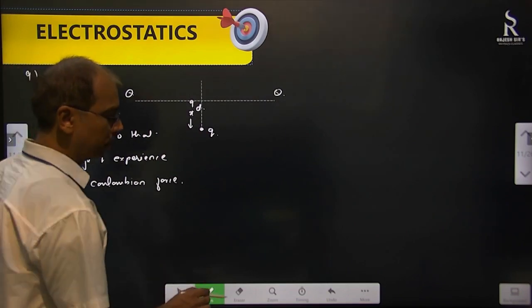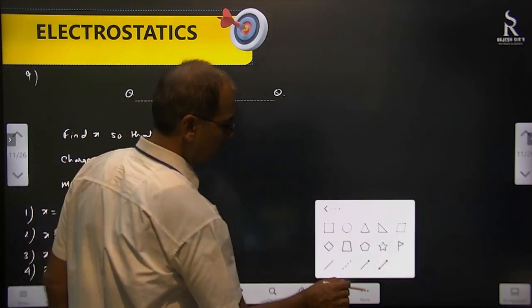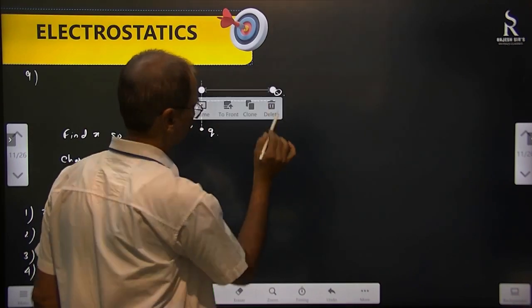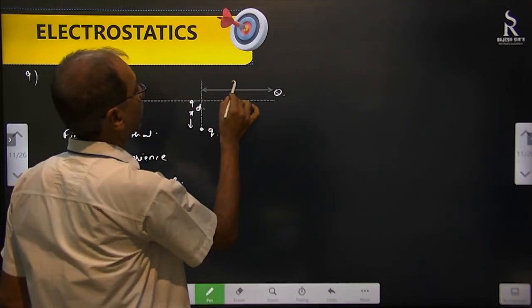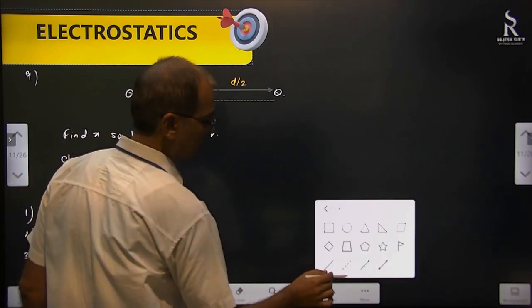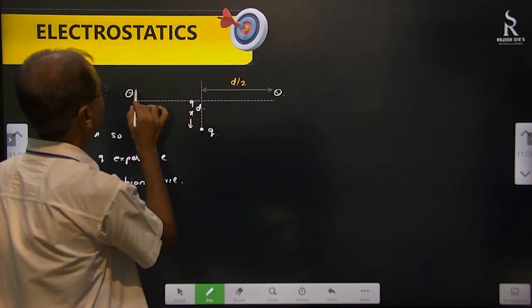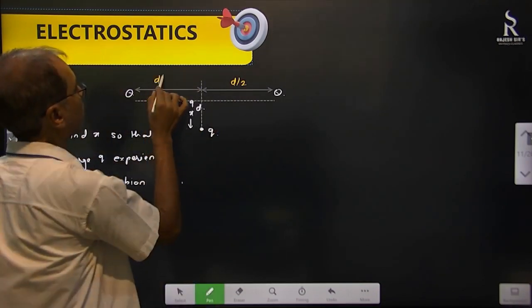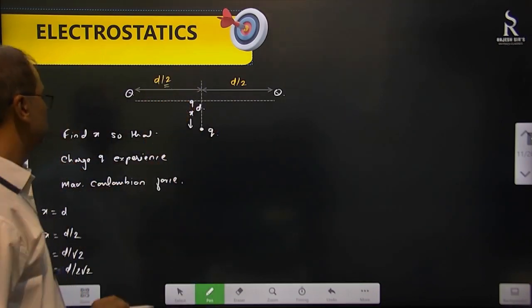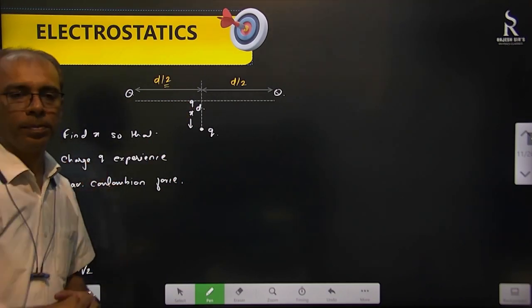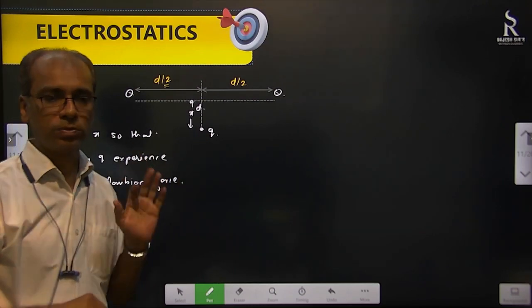So one more little bit, we will make it more clear. This is actually d by 2, this is d by 2 and the other one also is d by 2 only. Now it's very clear what the question is. Find x so that the charge q experiences maximum force. So charge q, which one? Charge small q.